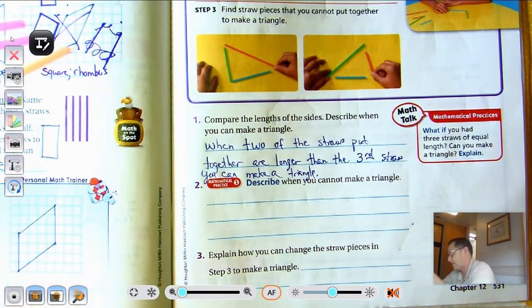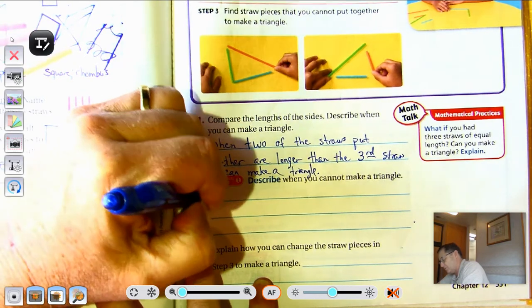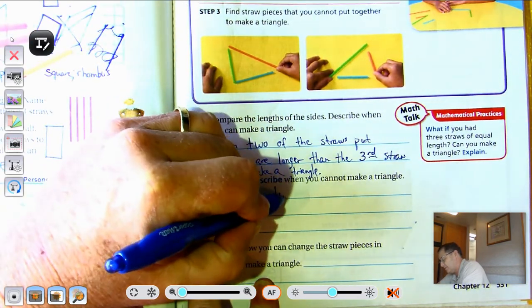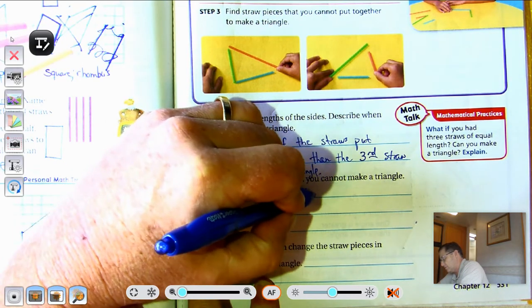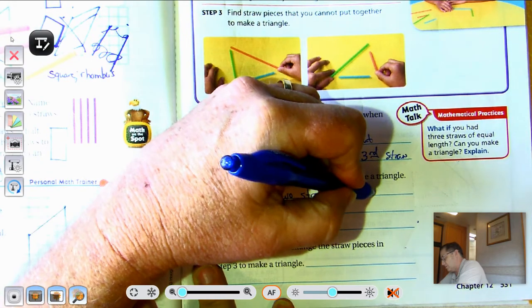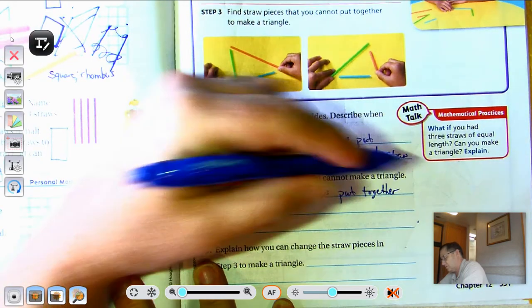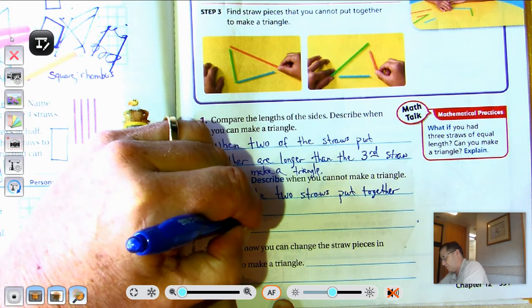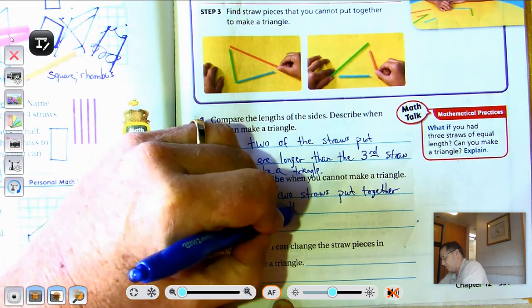When can't we make a triangle? We couldn't make a triangle when the two sides put together, when the two straws put together, were shorter than the third straw.